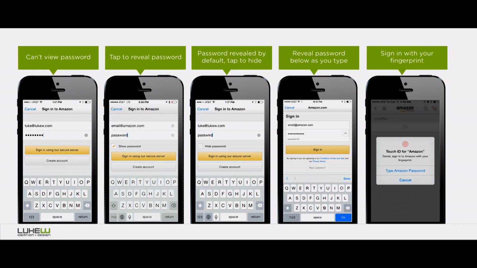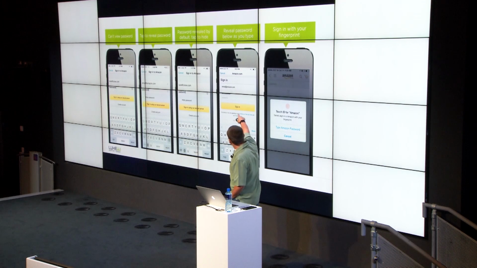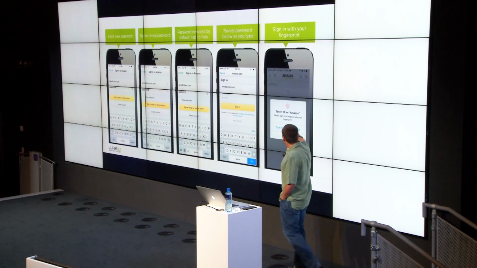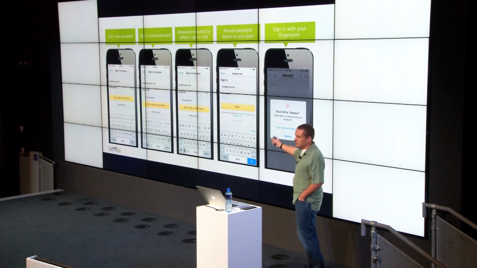So companies that care about getting return users really care about making sure people get logged in. And so with Amazon, originally you couldn't view your password, and they did this tap a button to show your password, then they did reveal by default, tap to hide your password, then they do this reveal your password below, and now at least on iOS, all you got to do is put your thumb on the screen to buy something.